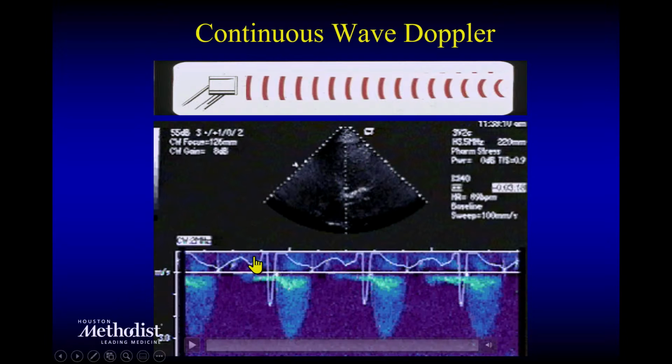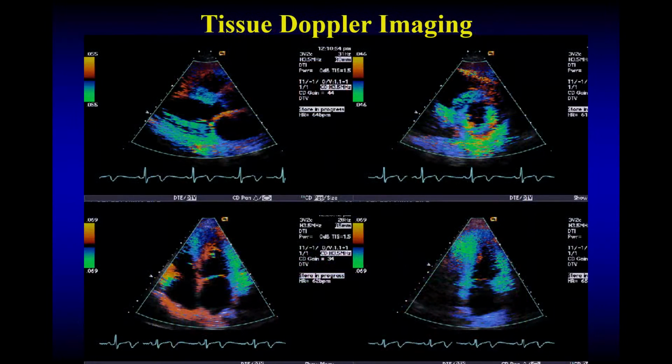Basically, you adjust your scale, and if you see something looking like aliasing, it is not because of aliasing. The red cells are usually moving in a different direction. There are vortices, there are eccentric jets that are coming back and forth in different areas. So it's not truly aliasing that you're seeing. So you can always adjust that to get a very high velocity recording of whatever velocity you're looking at.